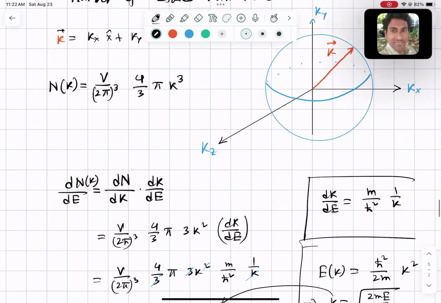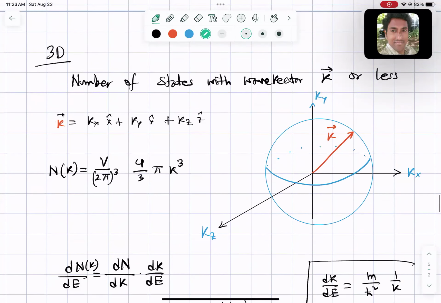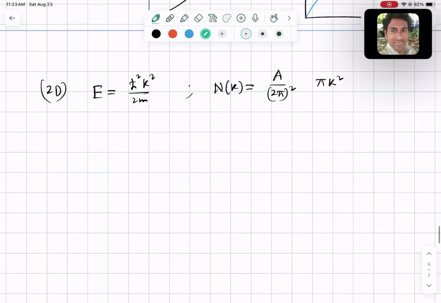For example, what I wrote first, this is the volume of the sphere, 4 by 3 pi r cubed, here k cubed. So we have V, the volume, over twice pi whole cubed. In 2D, we have the area pi r squared, the area of a circle. That's why we have area here, twice pi squared here. It's a kind of easy way to remember. We'll see how these factors are there in a minute.